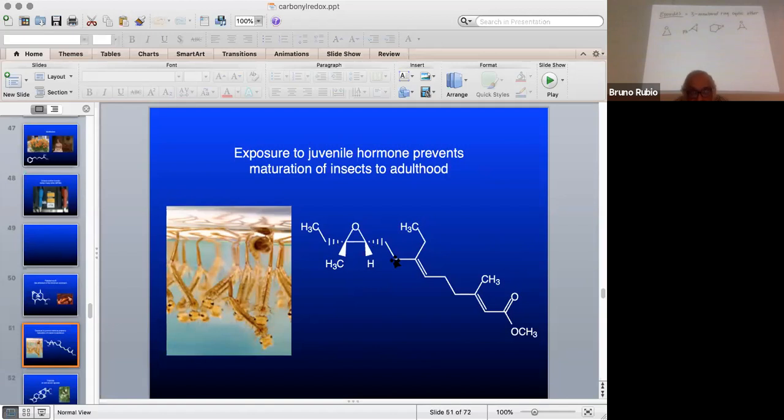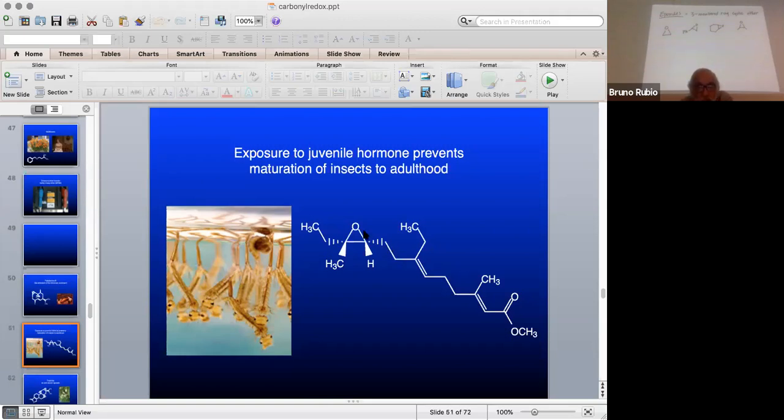It comes out of its larval stage. It emerges as an adult mosquito. It goes off and it bites you, and it gives you malaria and Eastern equine encephalitis and whatever other kinds of mosquito-borne diseases there are out there.